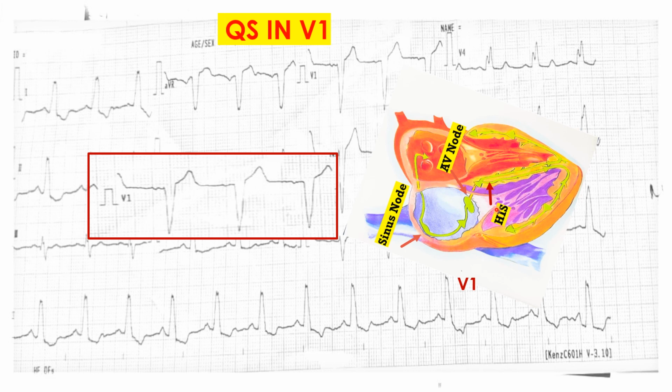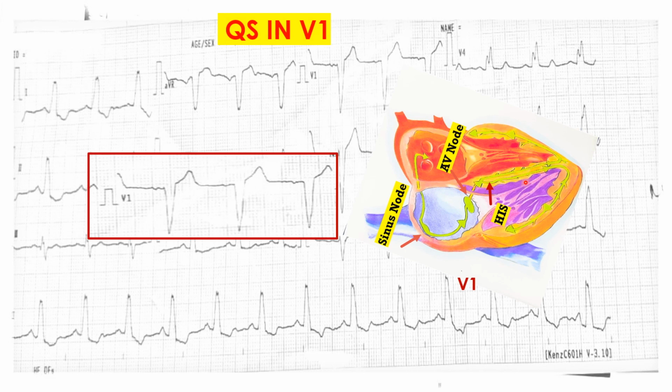So in a case of a bundle branch block, we know that this is the area of the right bundle and this is the area of the left bundle. In a case of left bundle branch block, there is a delay in conduction through this area, while the conduction is good in this area.